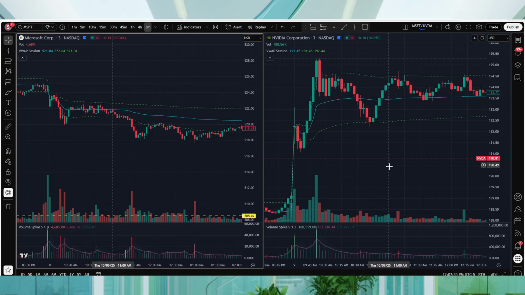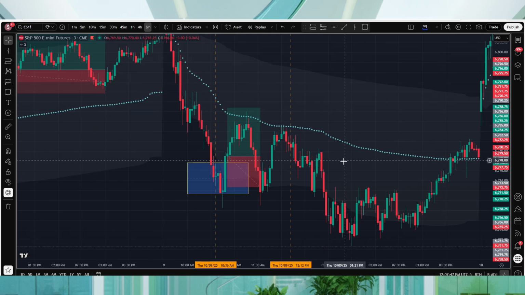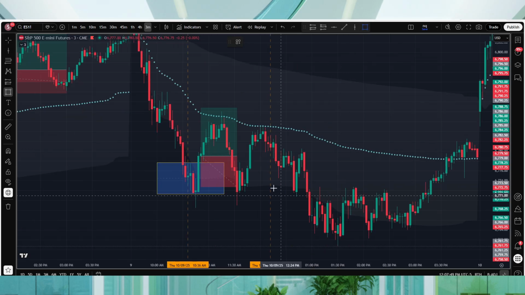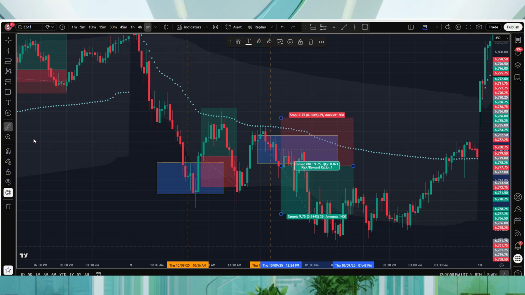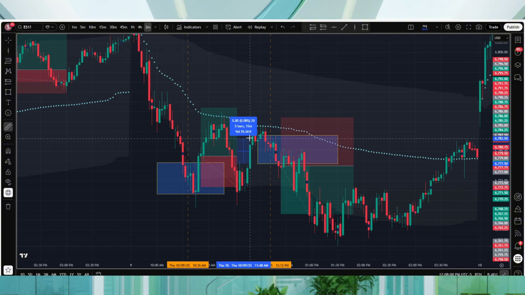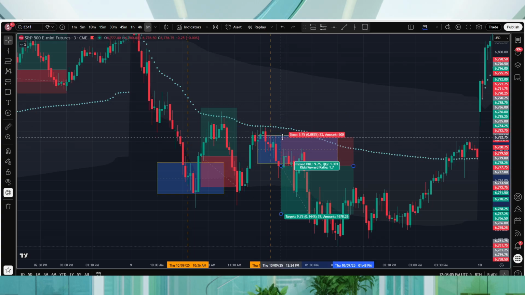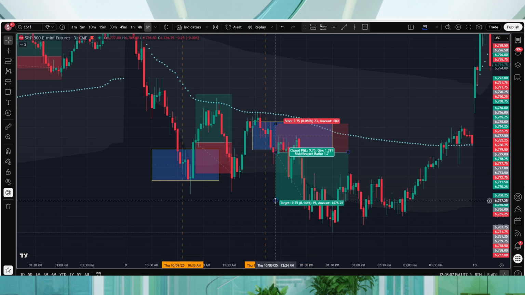So we get stopped out here 11:33, and so our next signal will be 12:12, 10:09. All right. So around that much.